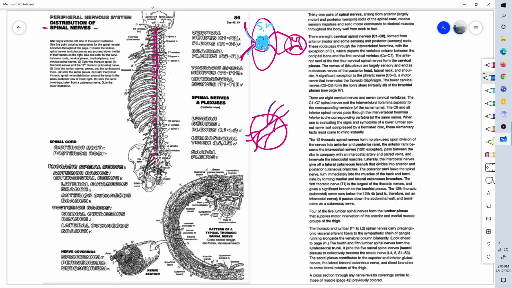So a neuron from here might pass through here and go to that one, whereas another neuron from this nerve here might pass through and go to this nerve over here. And yet another might pass through this nerve and go to that nerve.